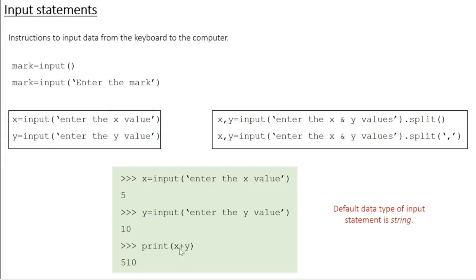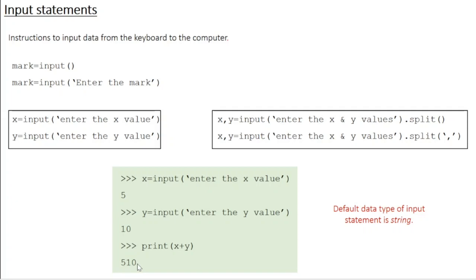On the other hand, if you are writing a variable, like print x plus y, x and y are variable, you do not use a quotation mark here. So when I say print x plus y, ideally what I am expecting the result 10 plus 5, 15, but what Python throws is completely different. It throws me 5, 10.